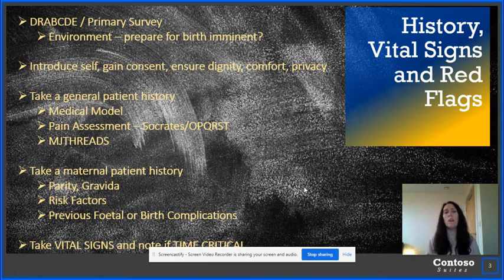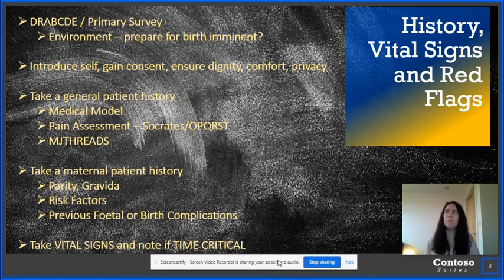E, exposing environment. For this, we're probably going to be looking at the environment first of all. We are going to be checking for any clues that might indicate what's going on with her. You won't necessarily see an awful lot in this. When we looked at respiratory and cardiovascular, there were a few more clues, but for the obstetric assessment, there's not a great deal that we can see from the clues around the environment.